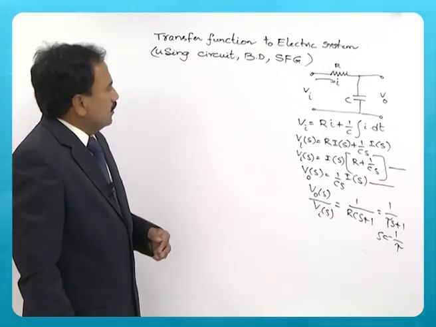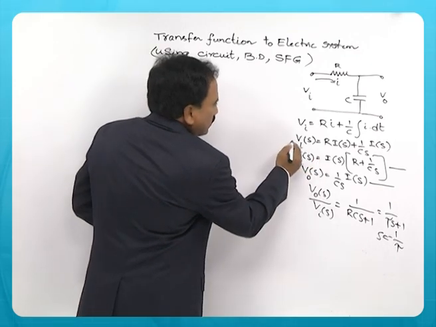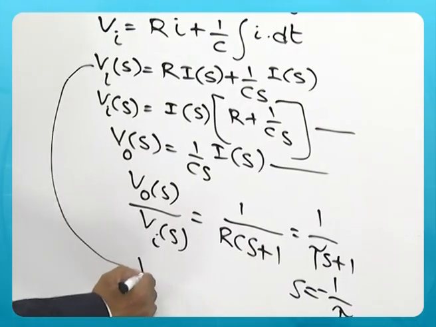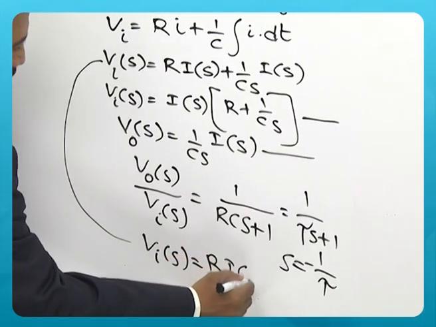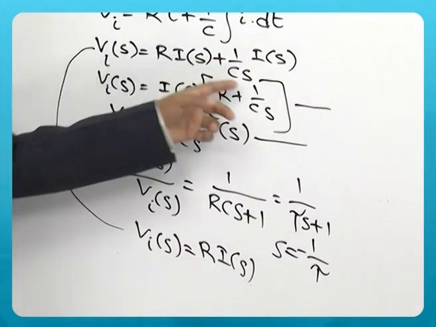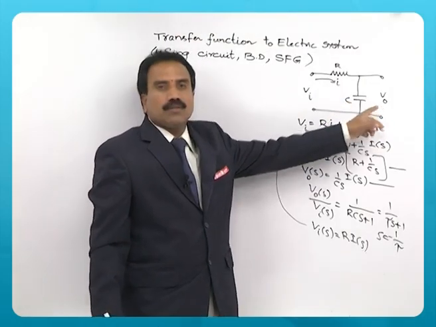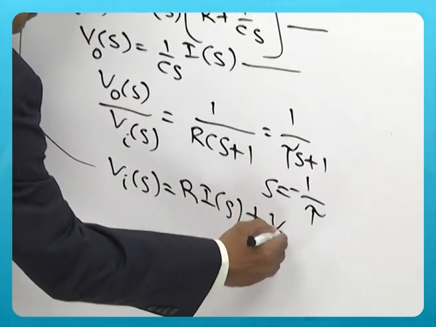Now you can also write the equation Vi of s is equal to R into I of s plus 1 by Cs into I of s, which is nothing but the voltage across the capacitor, so it is nothing but V0 of s.